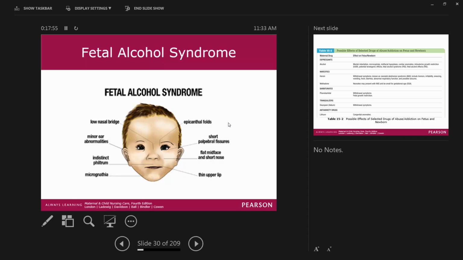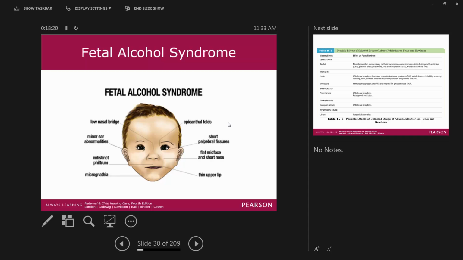Okay. I just put this picture up here. This is the typical appearance of a baby who's born with fetal alcohol syndrome. They have virtually no nose bone. Like, it just seems like it goes straight across their cheek, or they don't have a bone there. Okay.